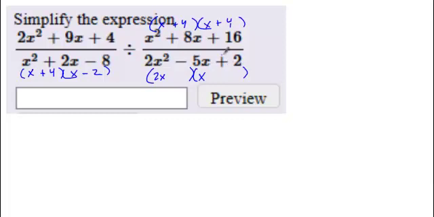Since the last term is positive, the signs of the last terms in each of these binomials have to be the same. And since the outer plus inner is negative, you know that these have to be negatives. Right? And then the only two possible factors that give you a +2 are 1 and 2, or 2 and 1.